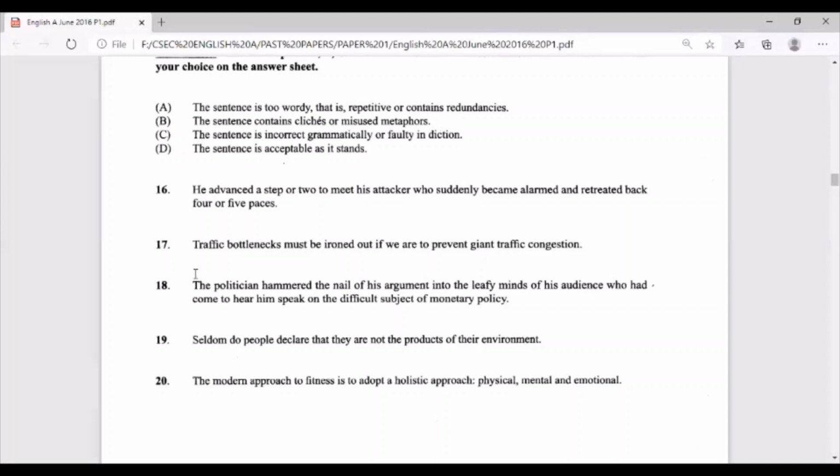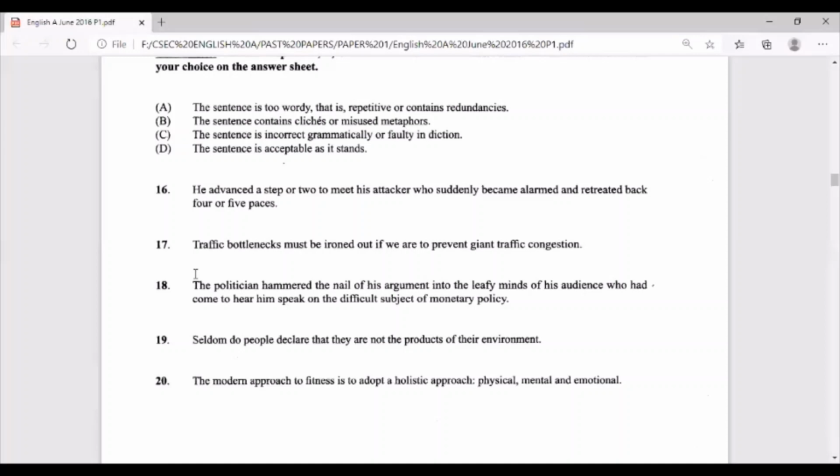17. Traffic bottlenecks must be ironed out if we are to prevent giant traffic congestion. Traffic bottlenecks, and we know bottlenecks. If we look at a bottle, think about the neck of the bottle. It's narrow. All right, so we're going to figure out what is wrong with this sentence.